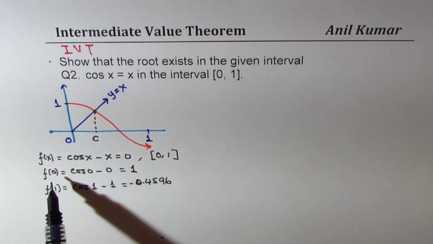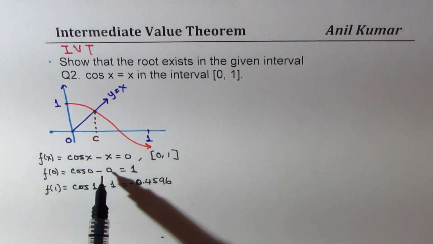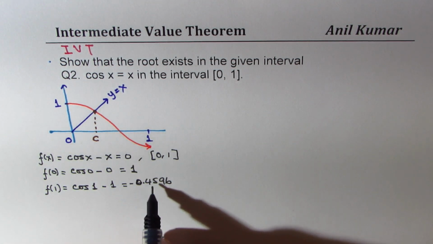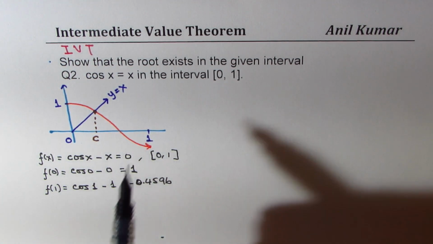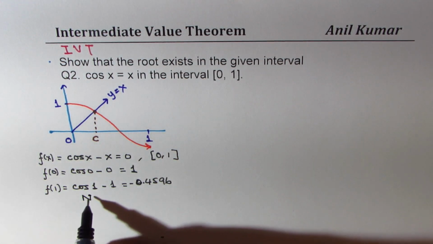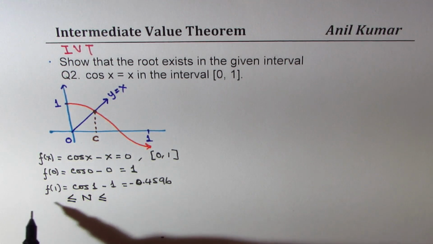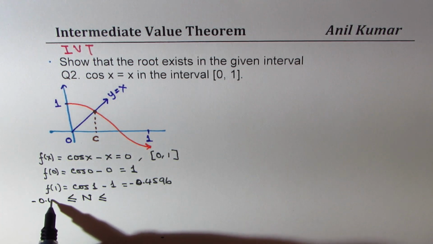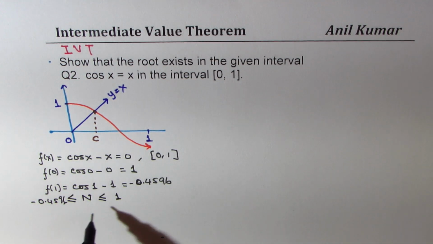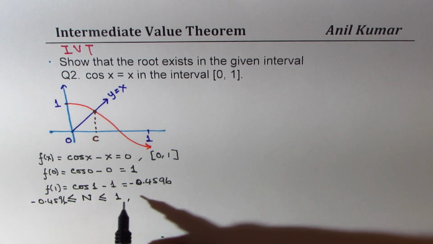Now clearly, from 0 to 1 interval, the value of this function changes from positive to negative. Perfect. So since it changes from positive to negative, we do have a 0 in between. So as per the intermediate value theorem, there exists a number n in between, which will have values from minus 0.4596 to, let's say, 1, right? Since it changes from negative to positive, we do have a root also, right?